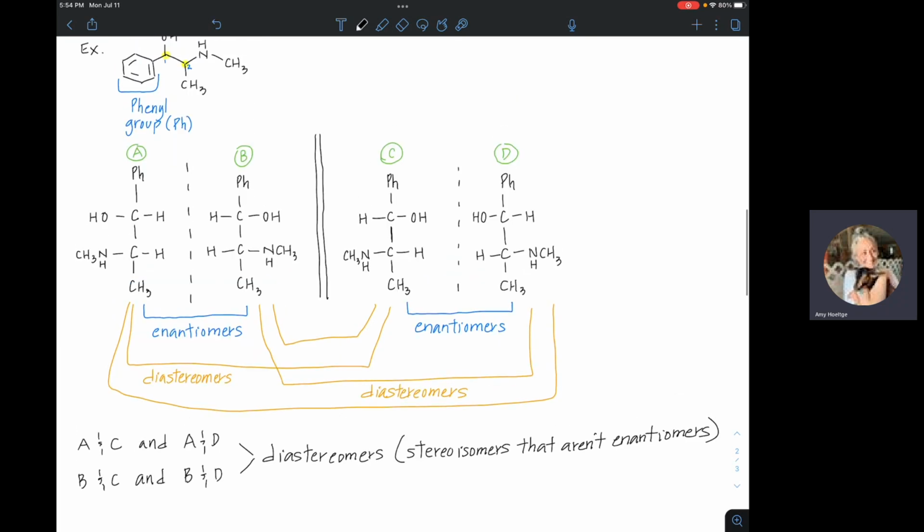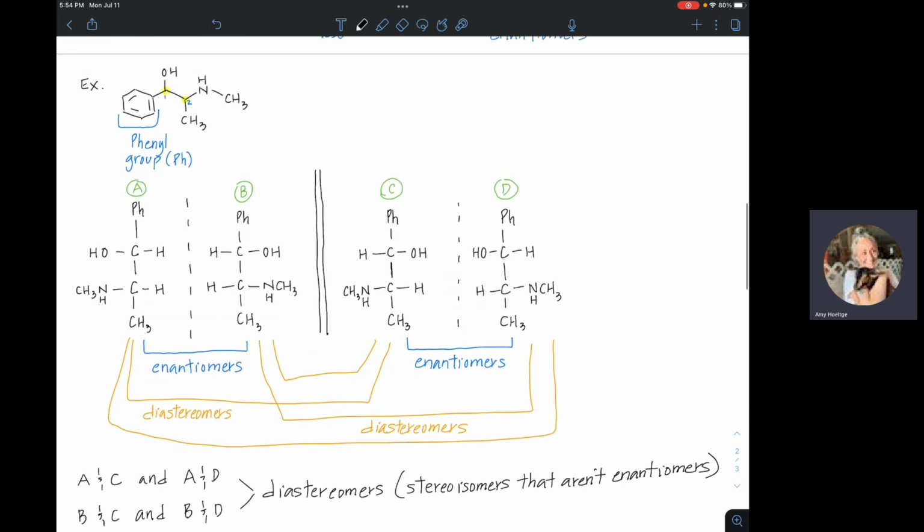If you synthesize this molecule and you get all 4 of these stereoisomers, you get 2 pairs of enantiomers, you cannot physically separate A from B and C from D, but you can separate A and B as a mixture from C and D, because diastereomers do have different physical properties.